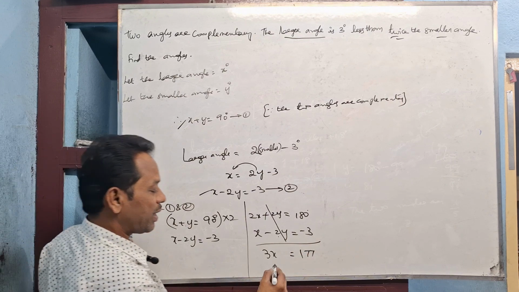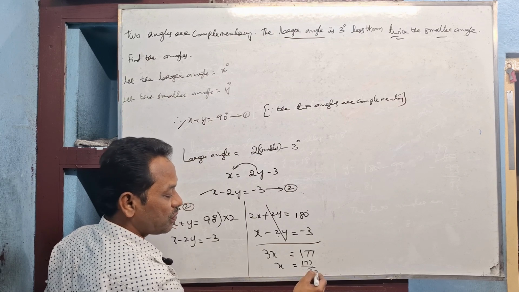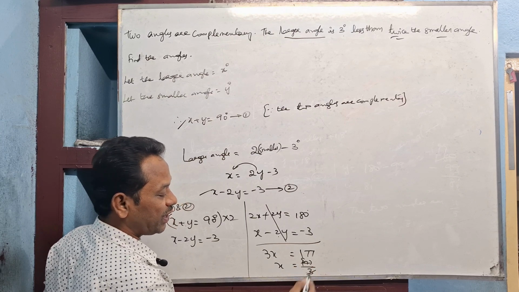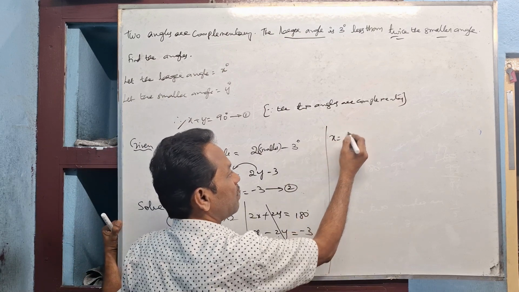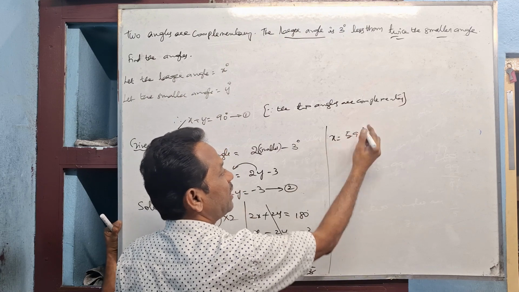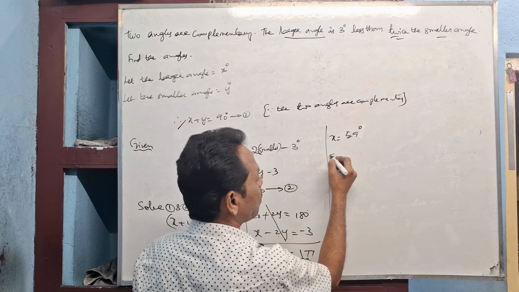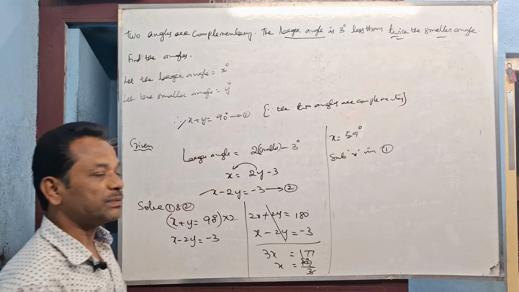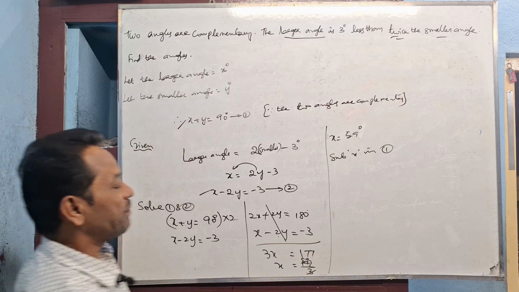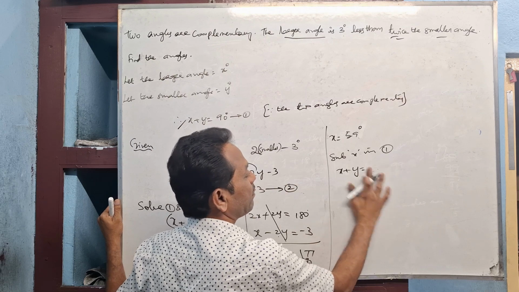So x equal to 177 by 3. 3 ones are 3, 3 5s are 15, 3 9s are 27.